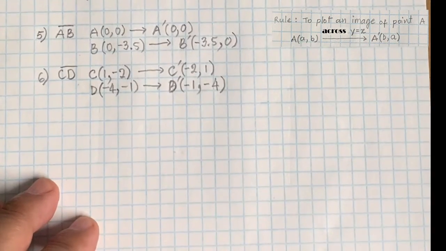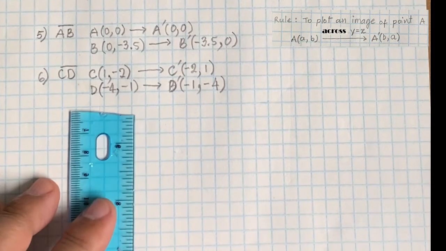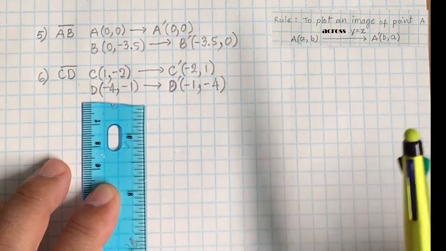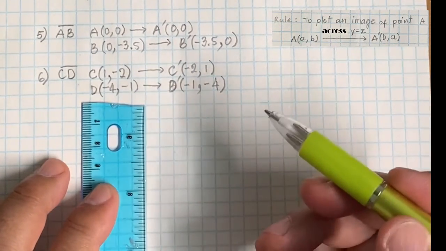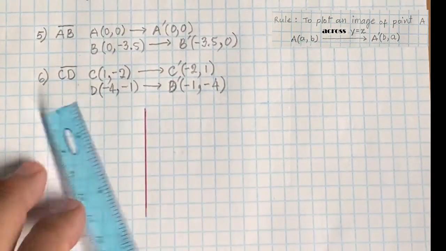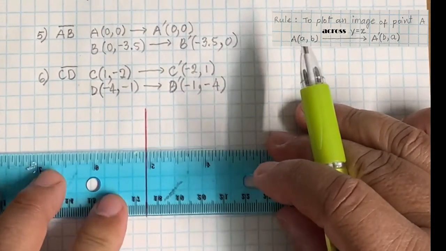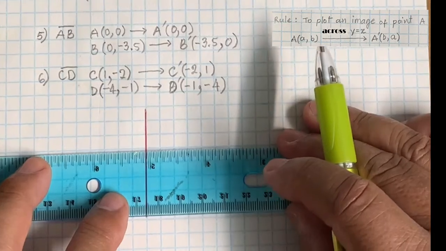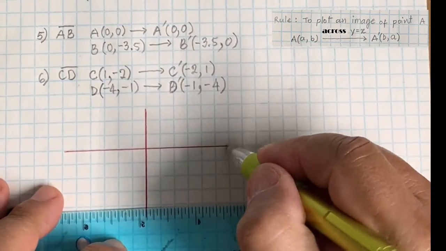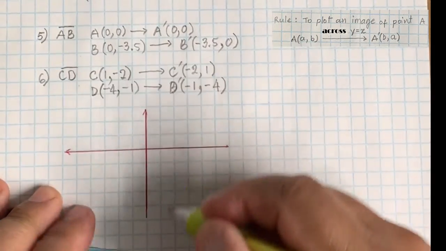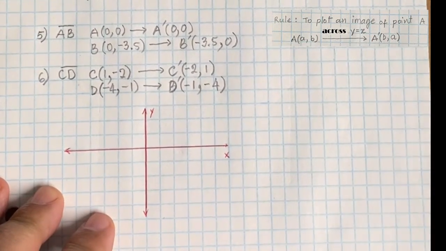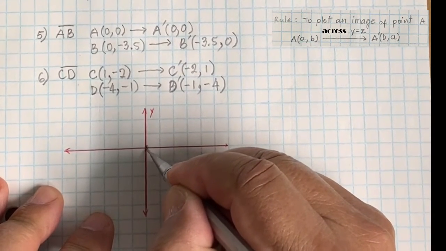So now we are going to graph these points. So here's our X and Y coordinate plane. That's Y and that's X. So A and A prime are going to be right here.